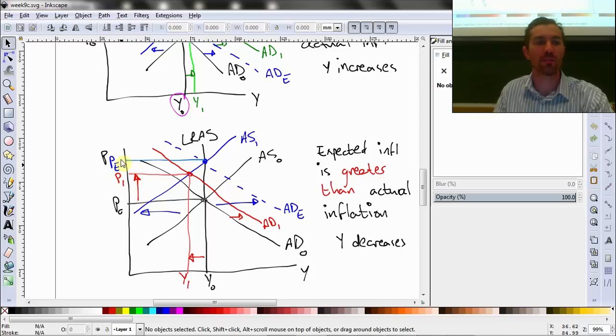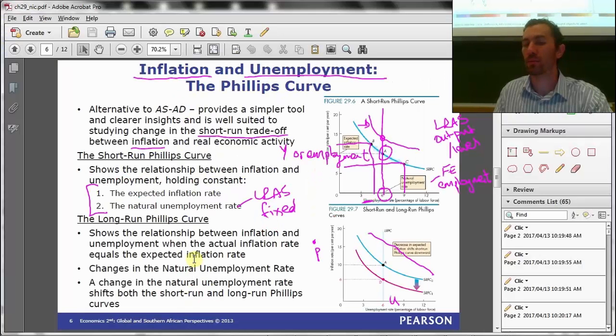We expected prices to increase to PE. They only increase to P1. What happens? Output decreases. In other words, unemployment increases. So at a point like point C, when inflation is lower than expected, unemployment is above the natural rate. Okay?